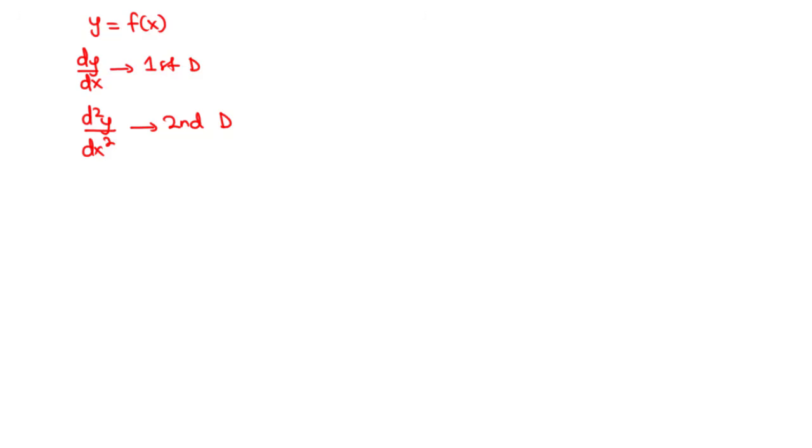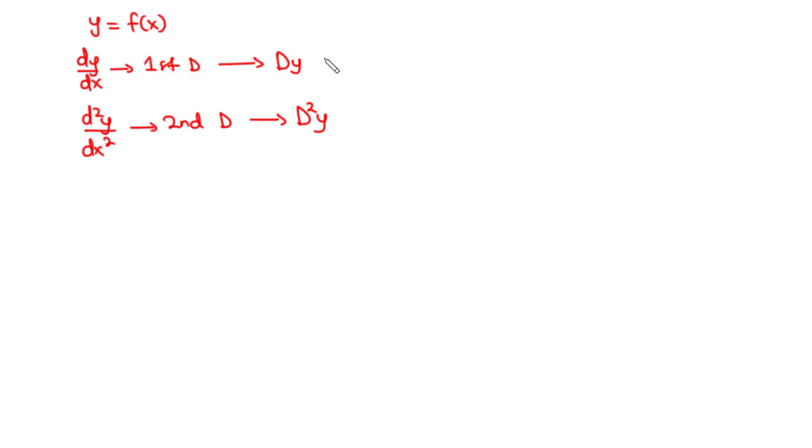Now, how do we represent this in the D operator form? For the first derivative in the D operator form, you have capital D times y. If you want to find the second derivative, that is represented by D squared y. The third derivative is represented by D cubed y, and so on and so forth.